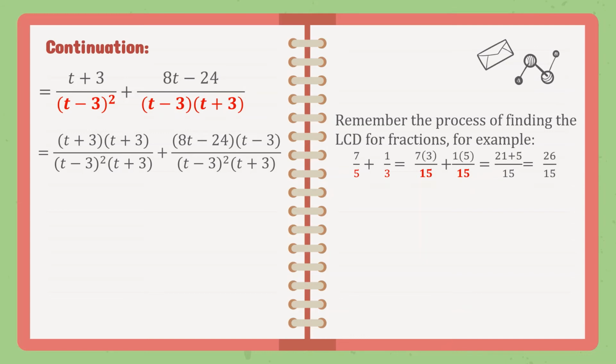We have the answer 21. 15 divided by 3 is equal to 5 times 1 is equal to 5. And then 21 plus 5 is equal to 26 over 15. So this is now our similar fraction or answer.